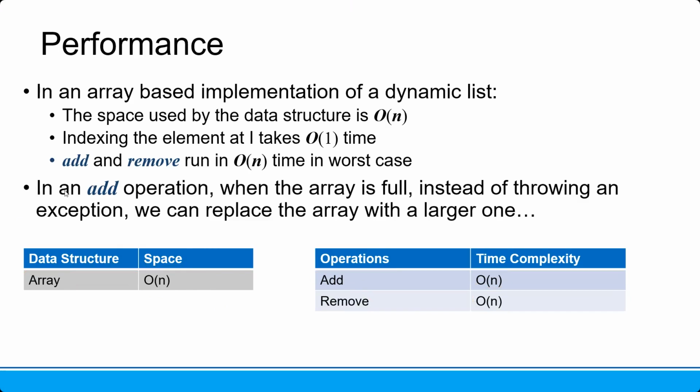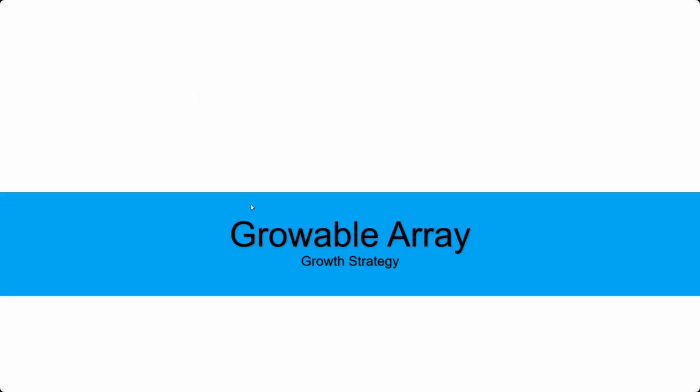Now, in an array, there's an issue, we call it the growable array. And there are two kinds of strategy to deal with this growable array.